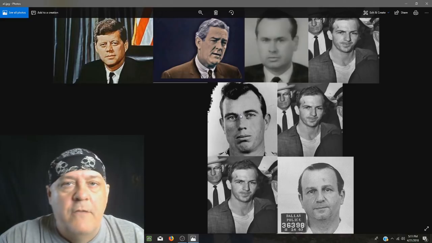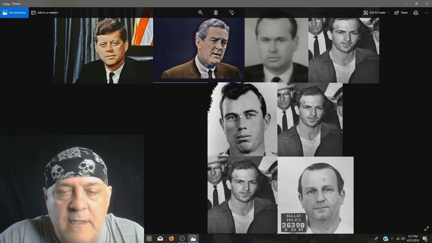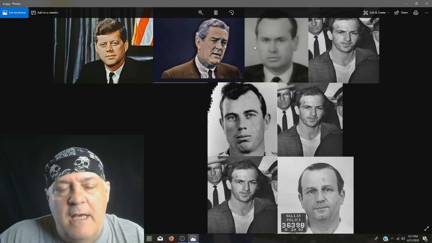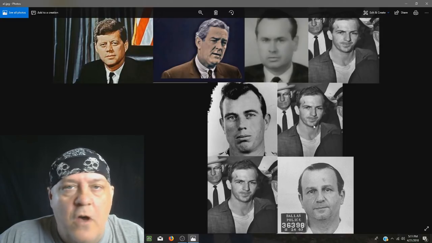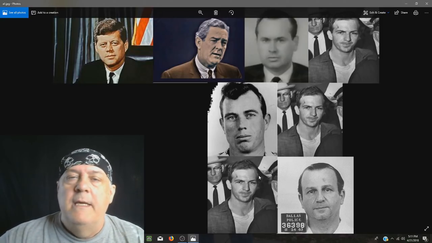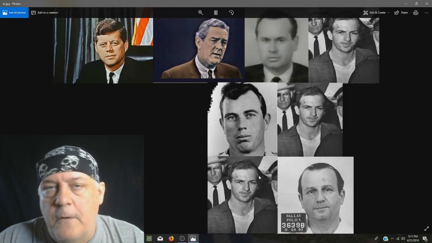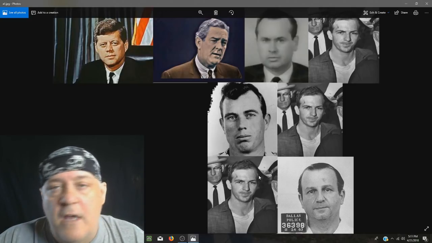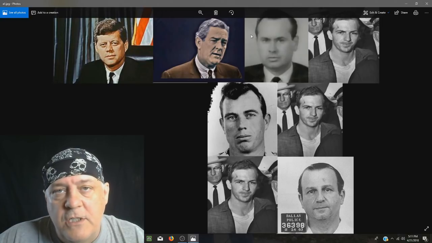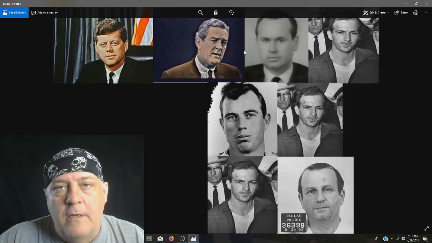So these are two different cases. Officer Tippit has nothing to do with the JFK assassination case, and the JFK assassination case has nothing to do with Officer Tippit's case. And then remember, Jack Ruby didn't kill Oswald until two days later. So this is another murder case that has nothing to do with Officer Tippit or the JFK assassination case. These are three different murder cases.